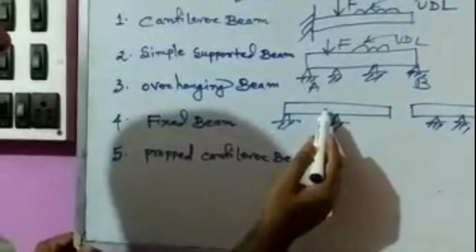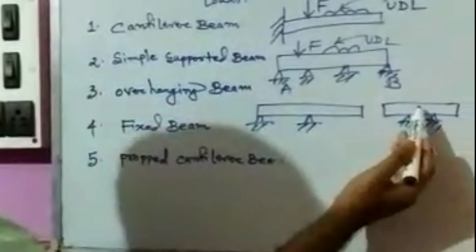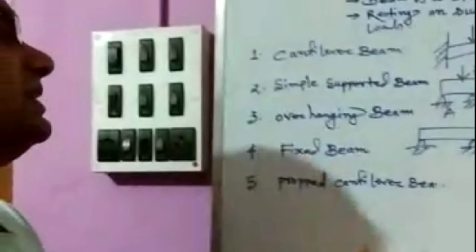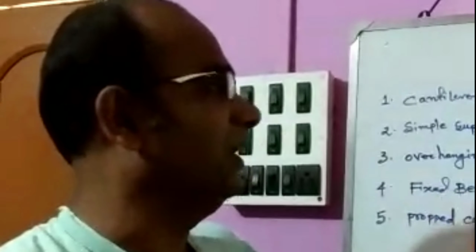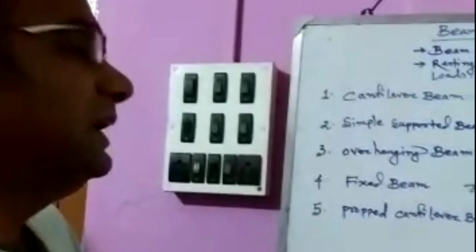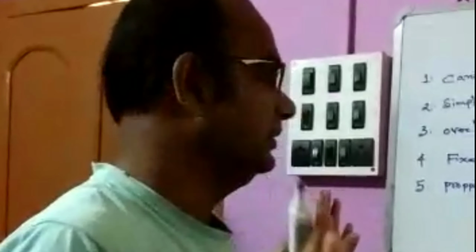This is a one-side overhanging beam and this is a two-side overhanging beam. In this case also we can apply point load or UDL or varying load, as per the application.